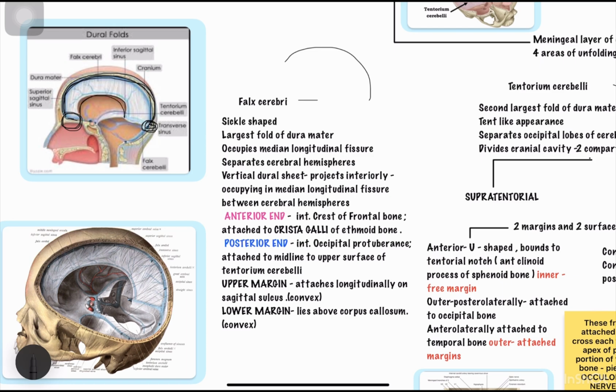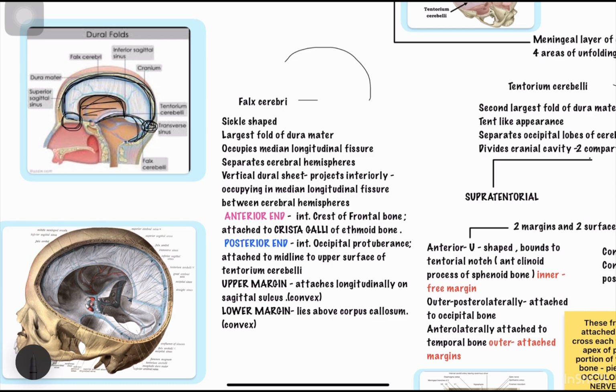The superior occupies the superior sagittal sulcus, and the inferior margin occupies the inferior sagittal sulcus, which is just above the corpus callosum. And the lower margin has an attachment with the tentorium cerebelli, which is the second largest dural fold.